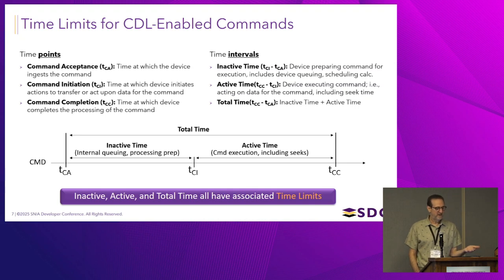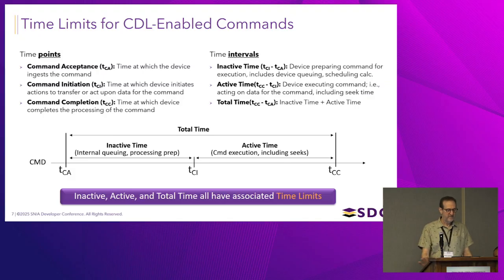It includes perhaps processing preparation for reading CDL tables like the ones I showed to get ready. We account for that in inactive time. Active time is when the command is starting to execute, and that includes the seek time, because active time is defined as the device is executing a command, which means it's acting on the data for the command.